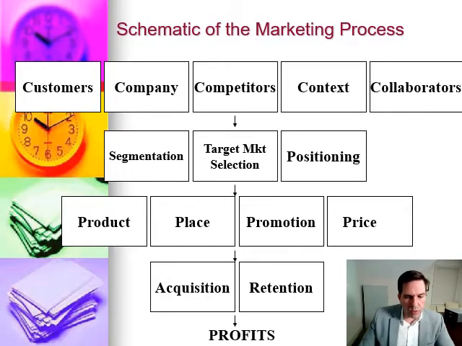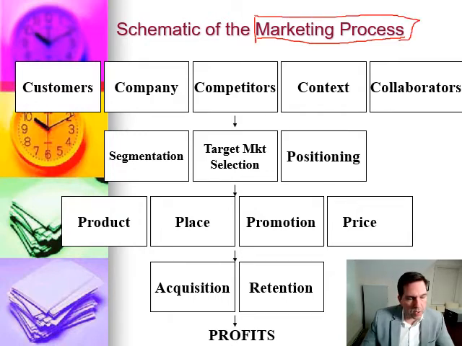Now, for us to understand how a strategy is going to work, let me give you a crash course 101 on the marketing process, right? You should have seen this already in your intro class, but to put strategy in context, because we're going to be talking about marketing strategy, let's make sure we understand how the marketing process works.